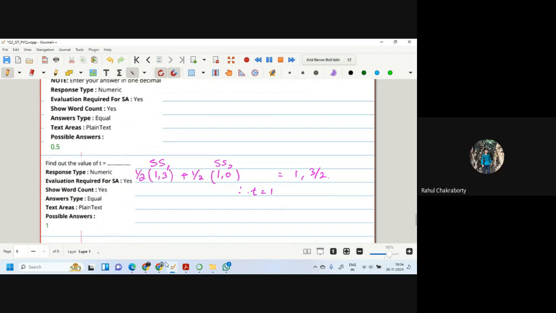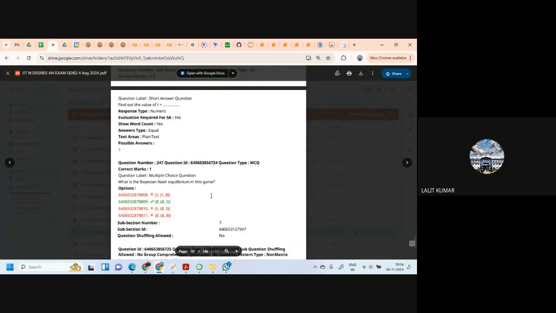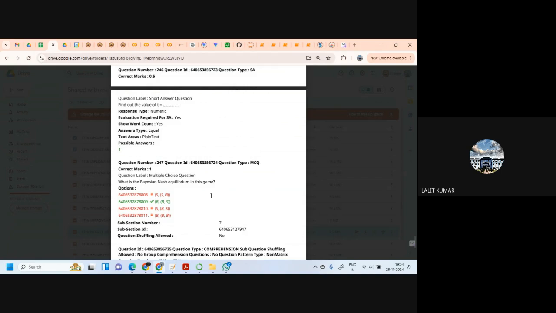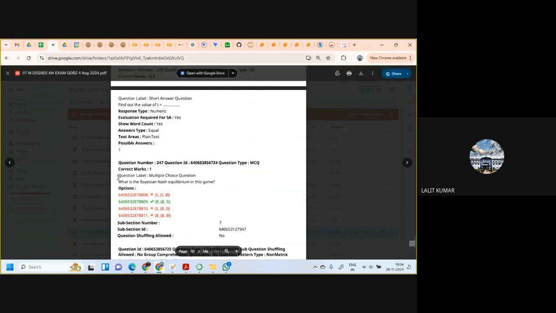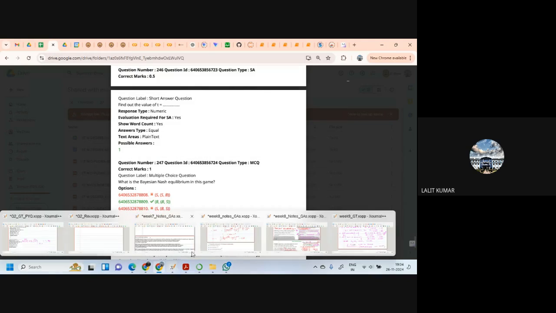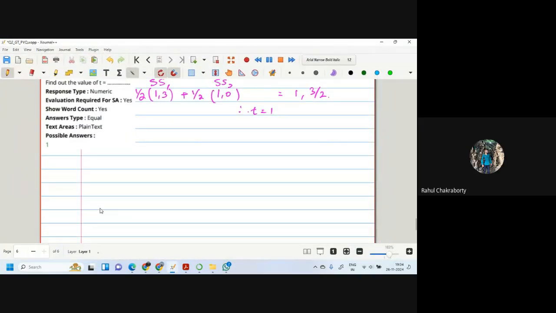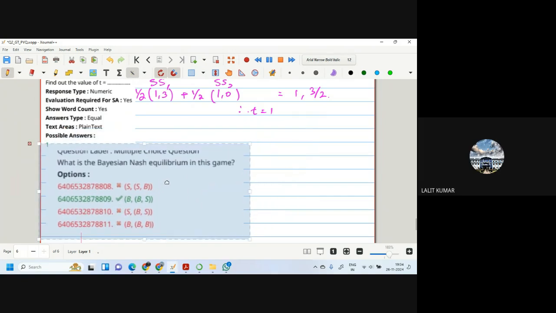Okay, let's jump to the next question. What is the Bayesian-Nash equilibrium in this game? This is long, so again we do the best response. For this we need to find these values. What is the Bayes-Nash equilibrium?